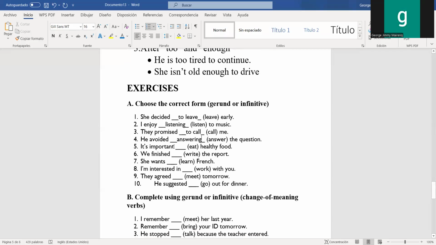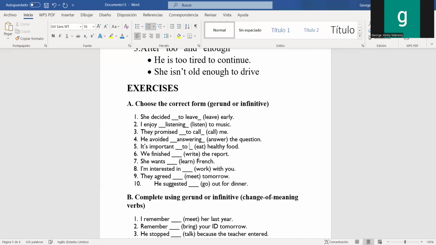Let's see number five. Is important eating healthy food, or it's important to eat healthy food? Let's analyze the word important. Grammatically, what is the category of that word? Important. Yes, it's an adjective, right? And the rule says that after an adjective, we must use the infinitive, right?